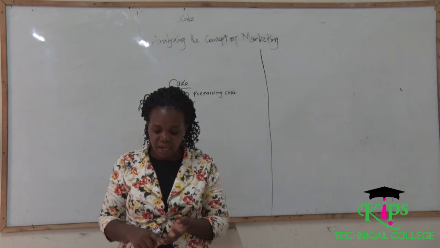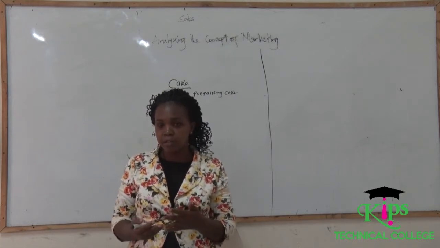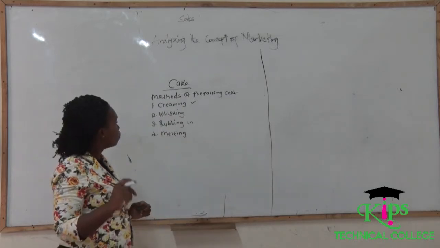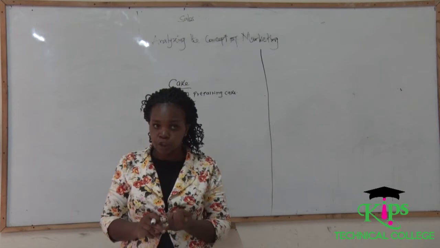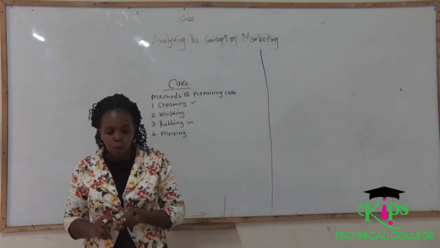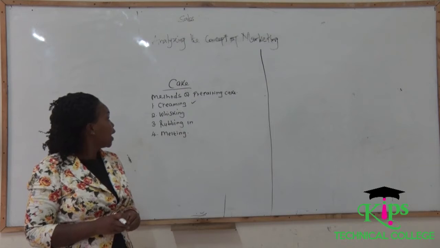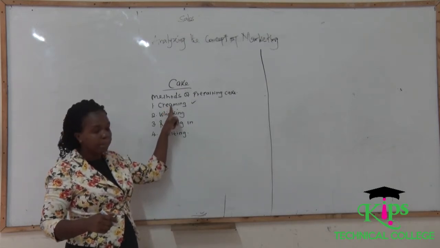So you're supposed to add well-beaten eggs, and then finally you add your sieved flour. Most of the cakes that use the creaming method, we have the Victoria sandwich, queen cake, and then fruit cake. Those are the main cakes that are prepared using the creaming method.